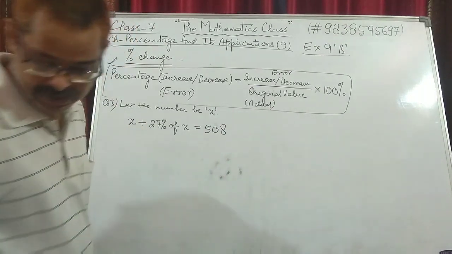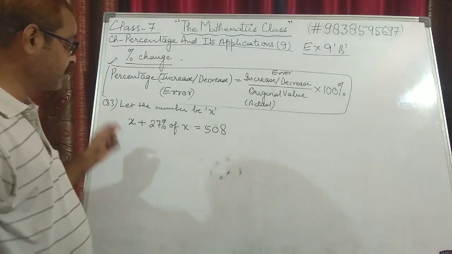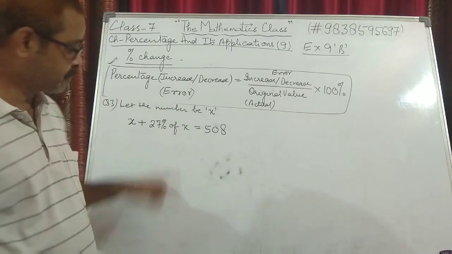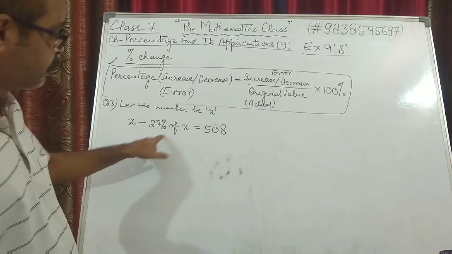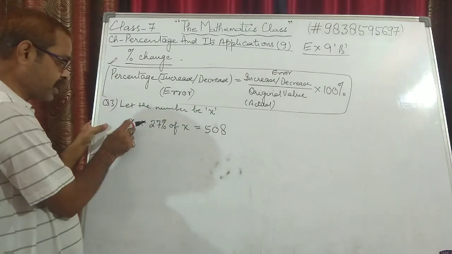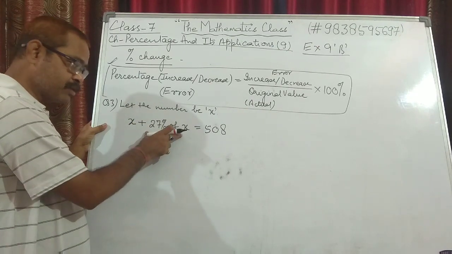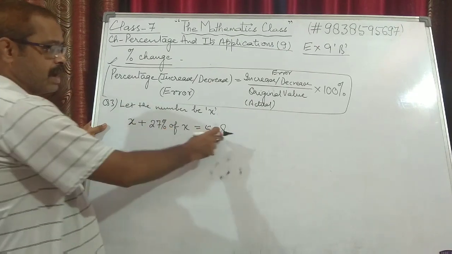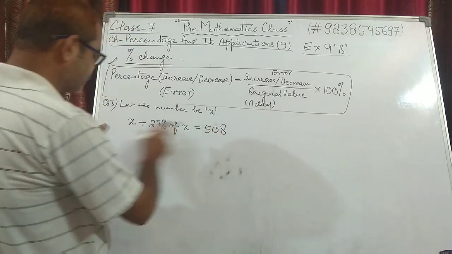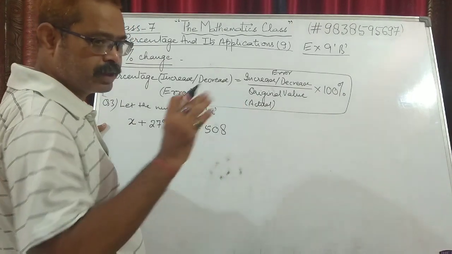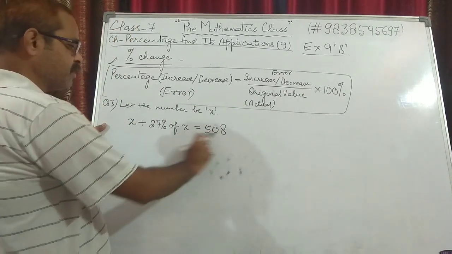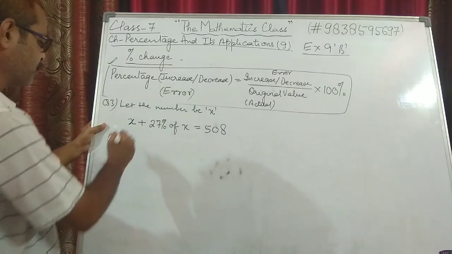The question says find the number which when increased by 27% becomes 508. So this was the number, it has been increased by its 27%, and it should be equal to 508. I have written the whole statement of the language in the form of a mathematical statement.